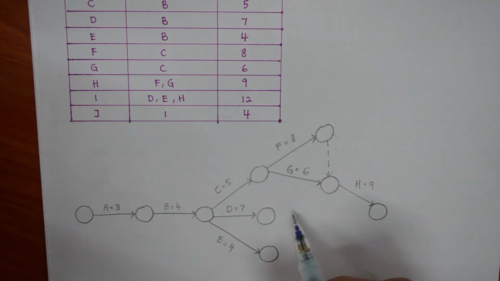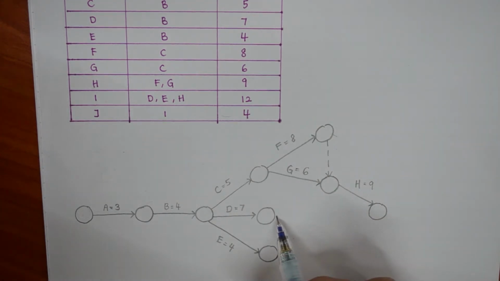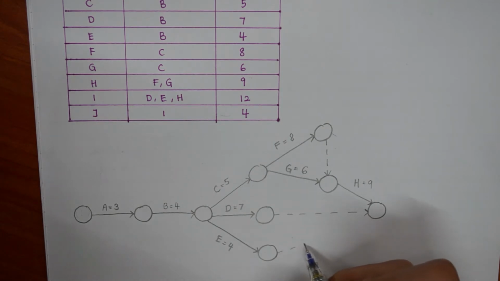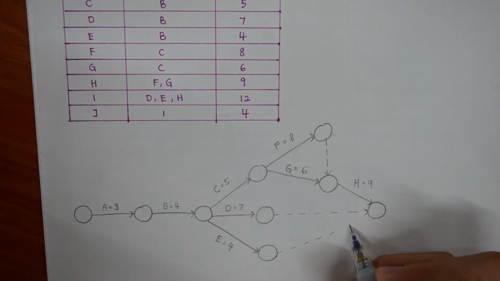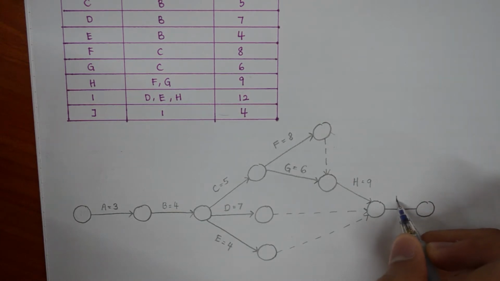This has the same concept as activity H above. So we can add a dummy activity right here with the dotted line, and another one here. Right. And then we draw the line for I, the solid line, with another end node. So I has the duration of 12. Alright.